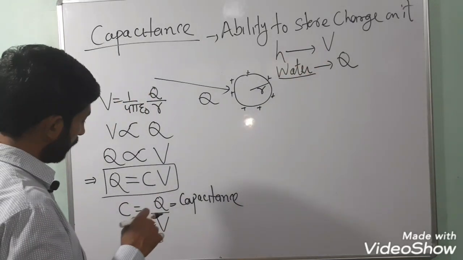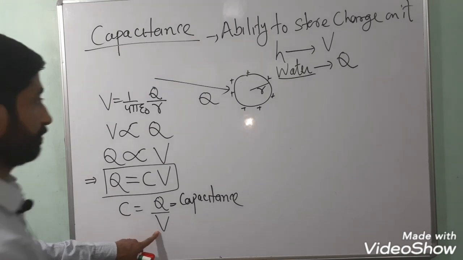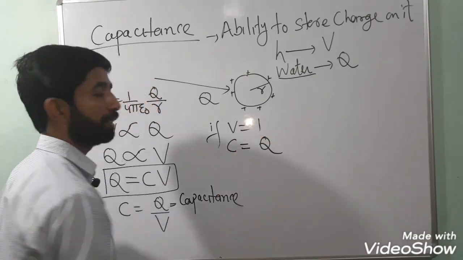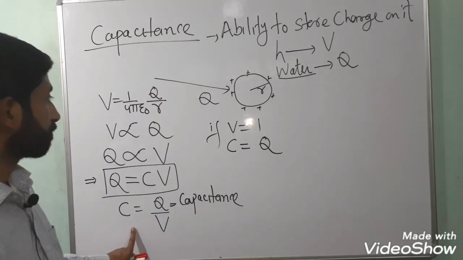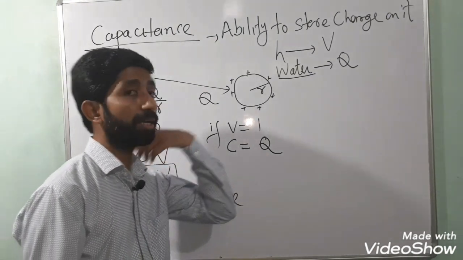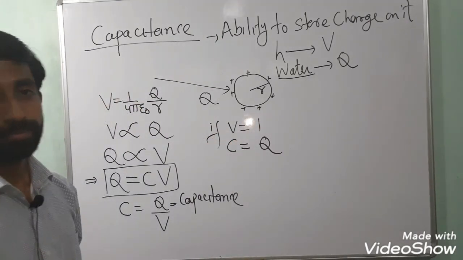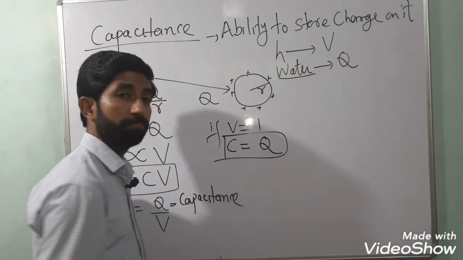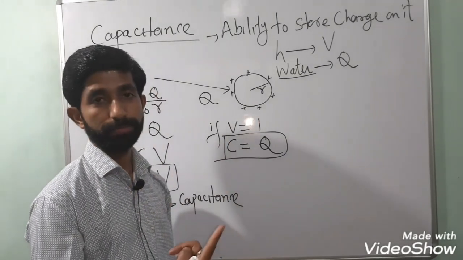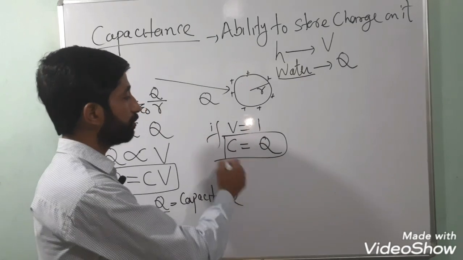Moving ahead, if V equals 1, then capacitance C becomes equal to Q. Numerically, the capacitance of any device is equal to the charge given to the system to raise its potential by 1 unit, that is, the charge required to raise its potential by 1 volt is numerically equal to its capacitance.